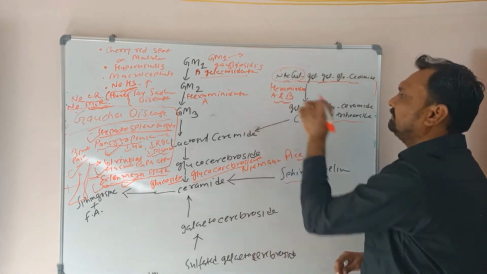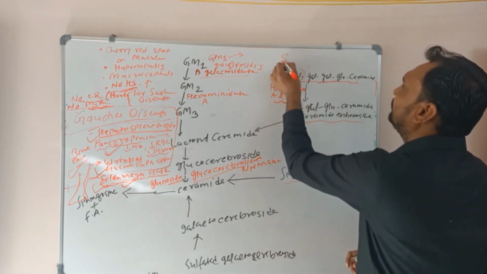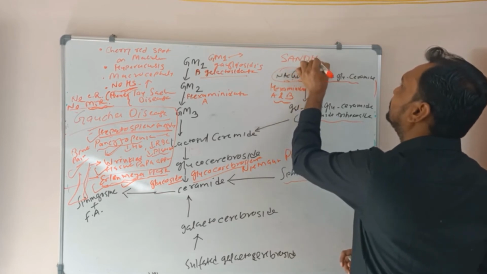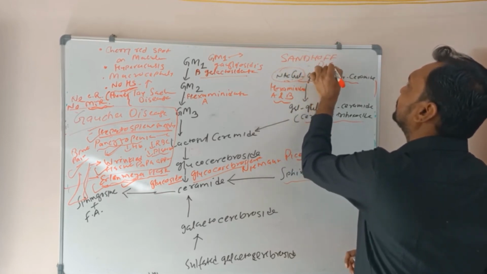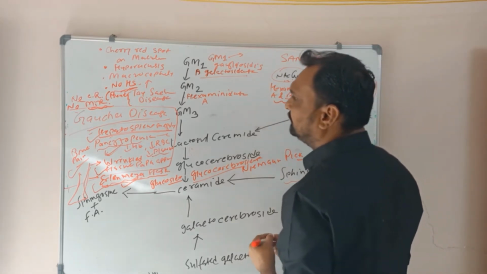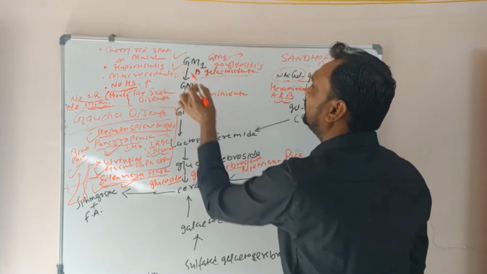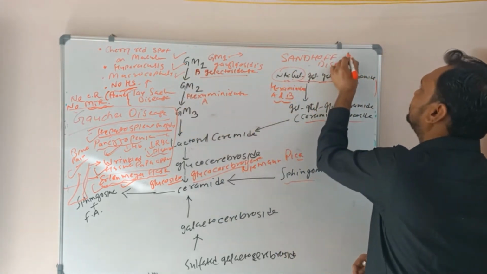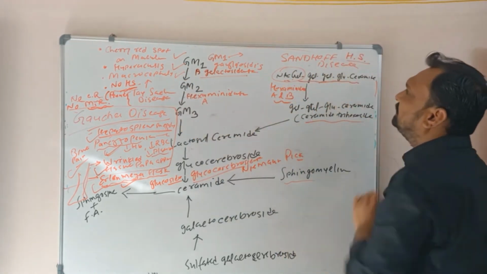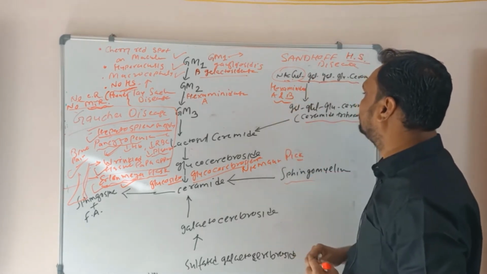So if hexosaminidase A and B are deficient, it will lead to Sandhoff disease. Its features are similar to Tay-Sachs disease, like cherry red spot, hyperacusis, and macrocephaly, but in Sandhoff disease hepatosplenomegaly will be there. Remember Sandhoff disease: hexosaminidase A and B enzymes are deficient.